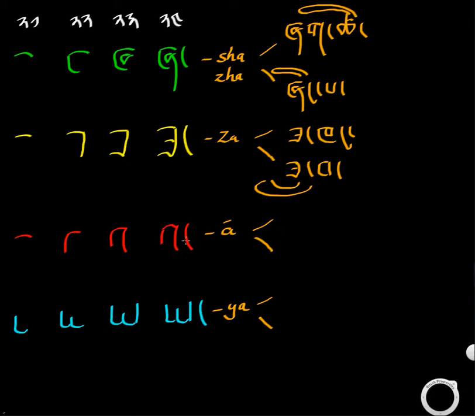And then this is ha, and the first example we have is, this is one of the vowels. And then the second example is, excuse me.